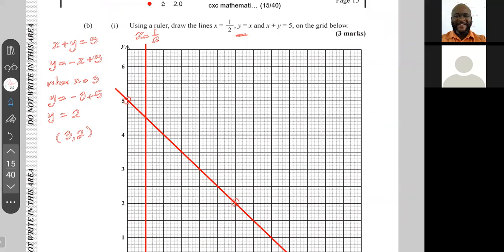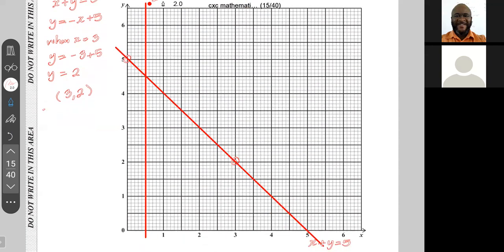Now, I spoke to you about that line already. The line y is equal to x is a straight line that passes through every point on the graph where x and y have the same value. So whatever x is, y is the same thing. When x is 2, y is also 2, so the point 2, 2 is on the line. So also is the point 6, 6.